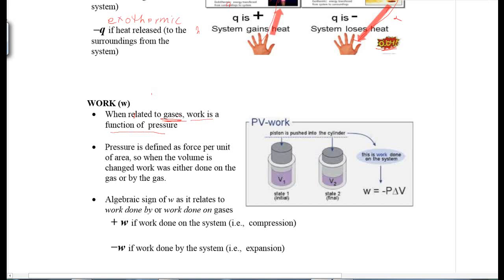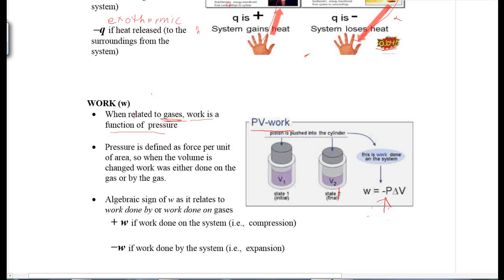If you're creating more gas, you're creating more pressure, or more volume. So when we're talking about work relative to gases, we call it PV work.